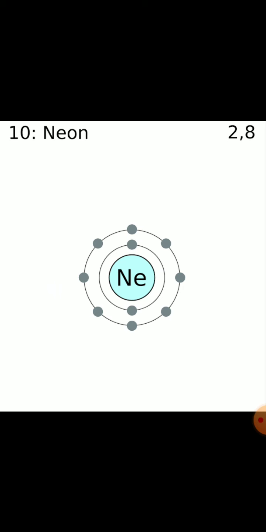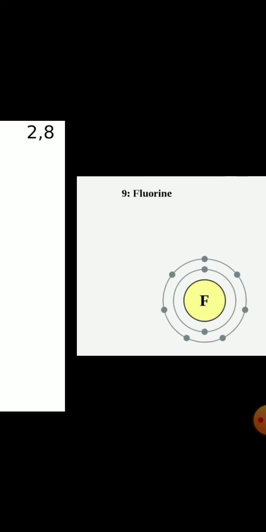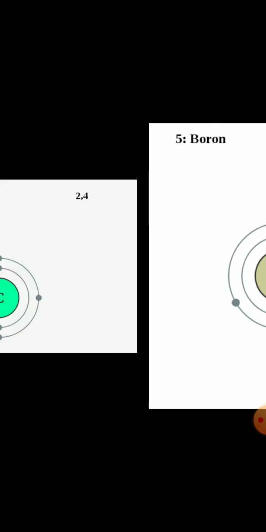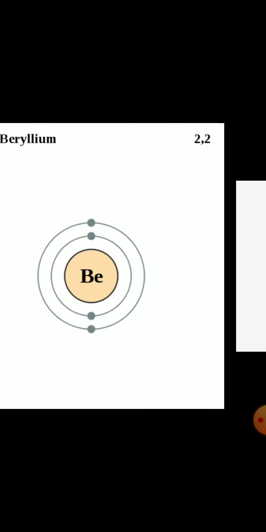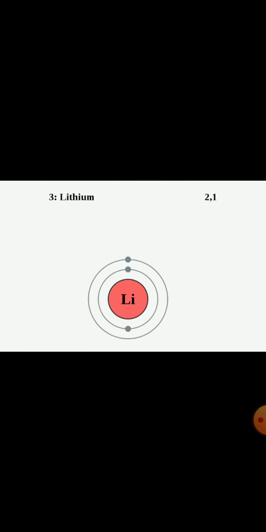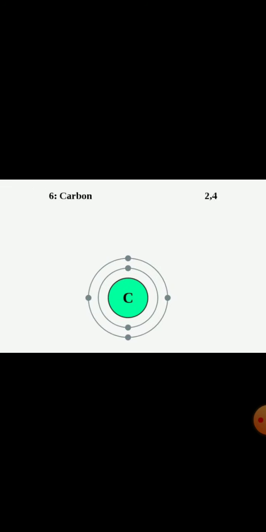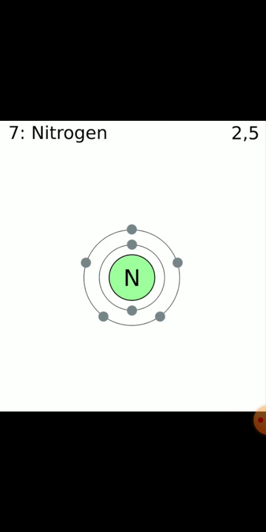What did you observe for all these elements present in period number 2? Do they have the same number of valence electrons? No, right? Lithium has 1, beryllium has 2, boron has 3, carbon has 4, and like that.